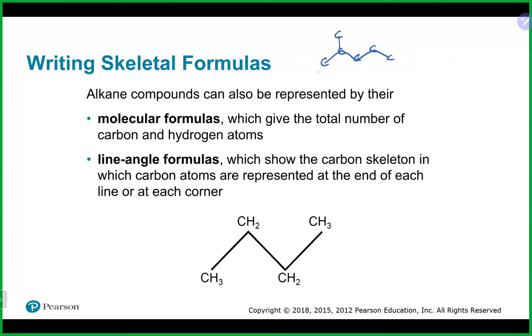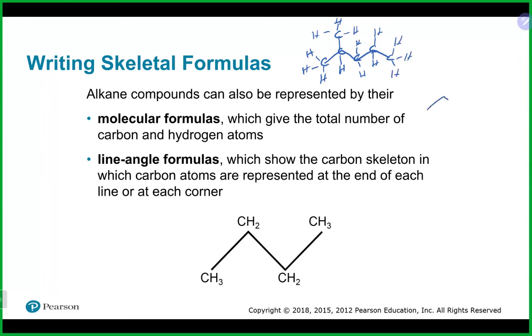So the guy at the end there on the left would technically have 3 hydrogens. That's usually never drawn. The carbon here in the middle actually has 3 lines to it, which means it has just 1 hydrogen. Carbon up on top has 3 hydrogens. Carbon here has 2 hydrogens. And the guy at the end will have 3 as well.